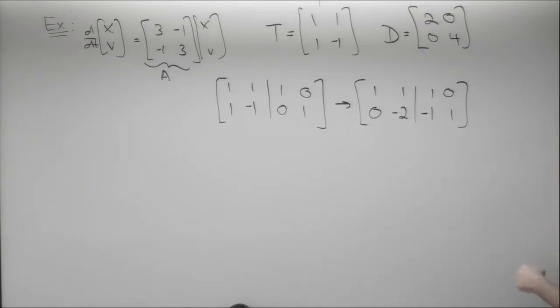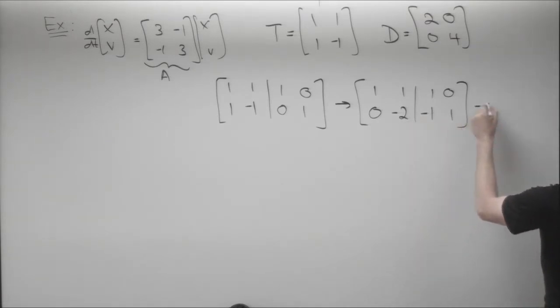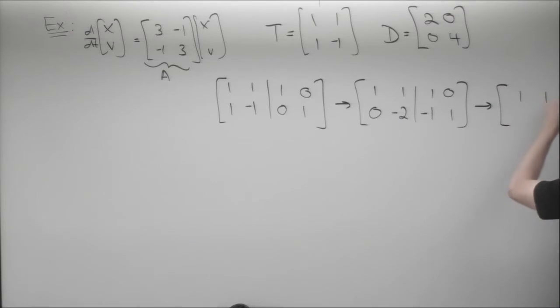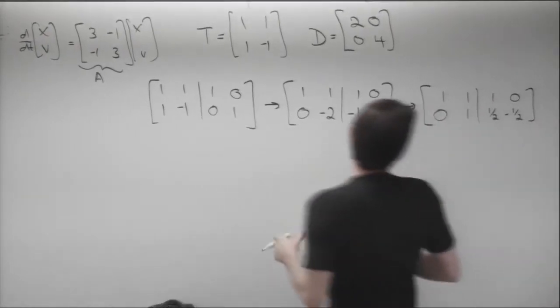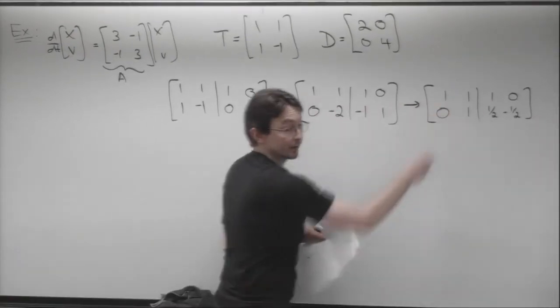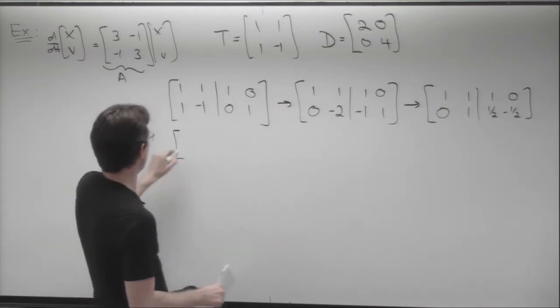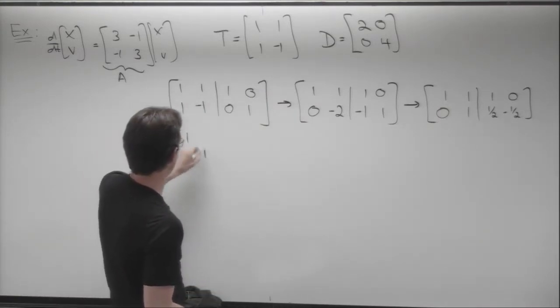Then I'm going to divide the second row by a negative 2. So I'm going to get 1, 1, 1, 0, 0, 1, 1 half, minus 1 half. And then finally, I'm going to subtract the second row from the first row. This is all in the lecture notes.